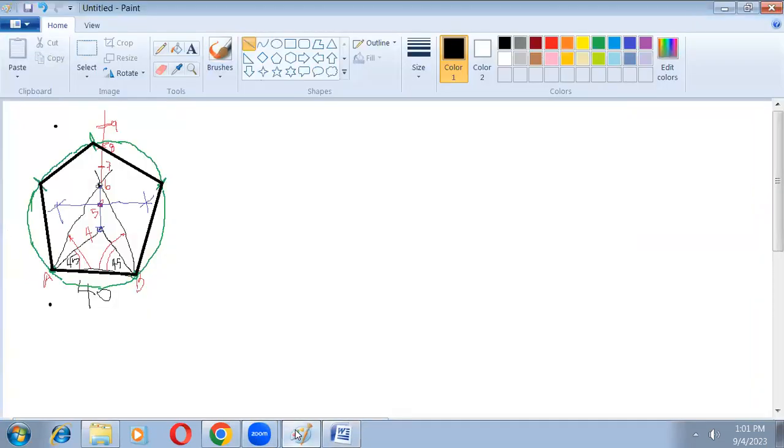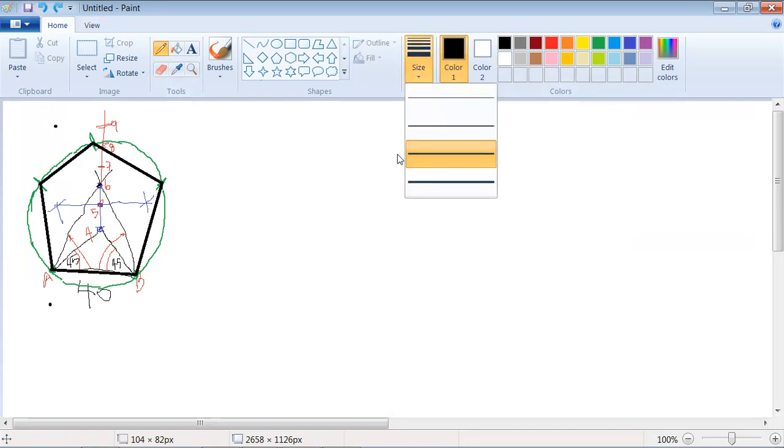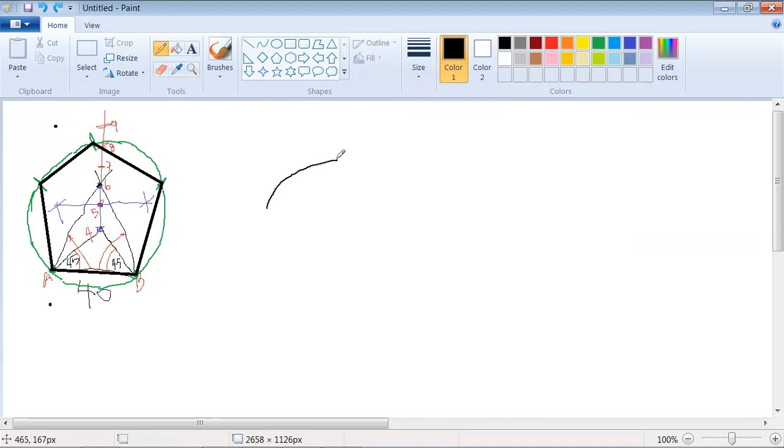Let's use a sketch to explain again this method. If we know the circle, let me try to do a circle as best as I can.